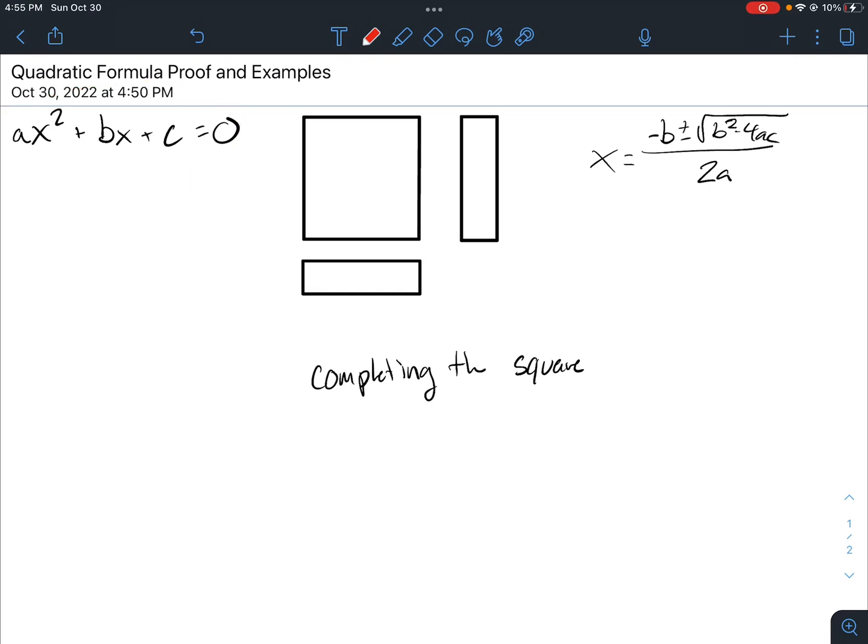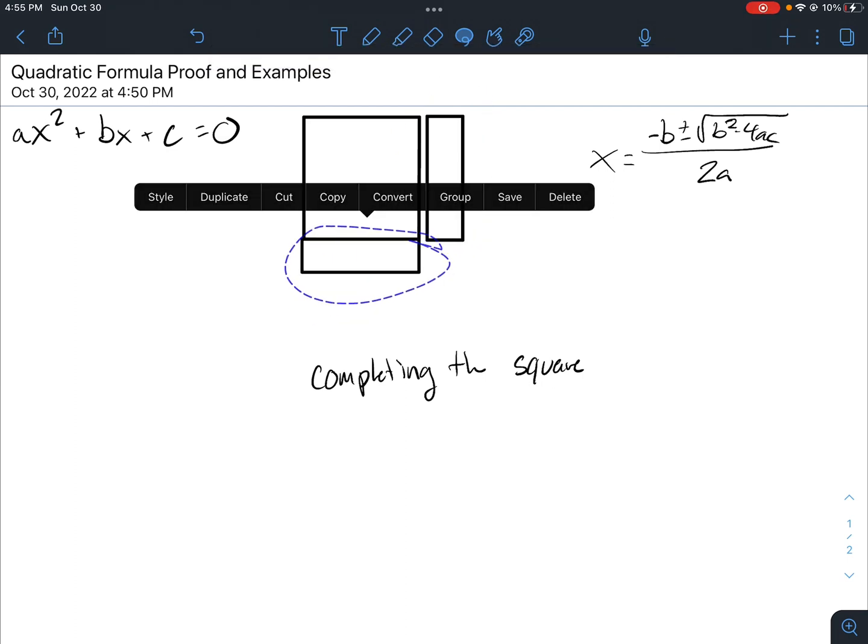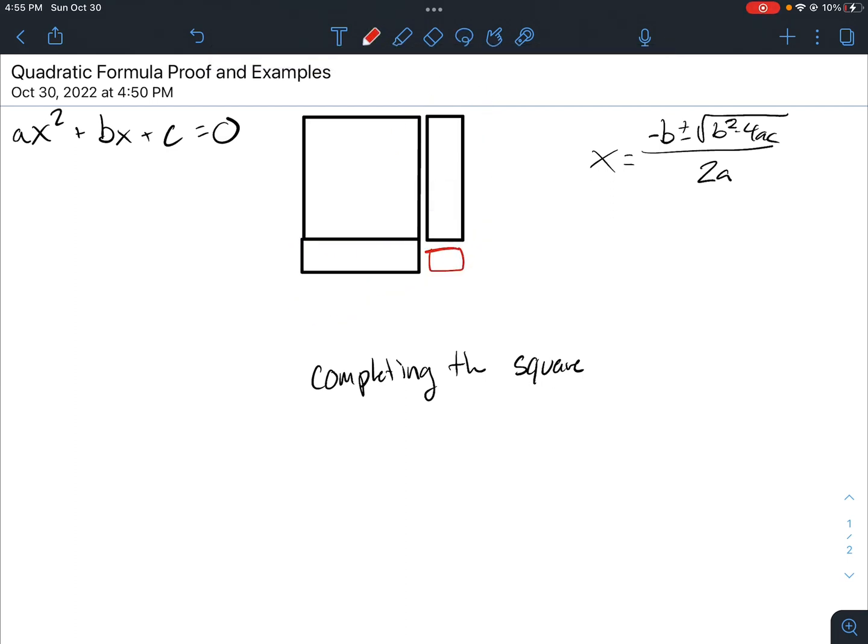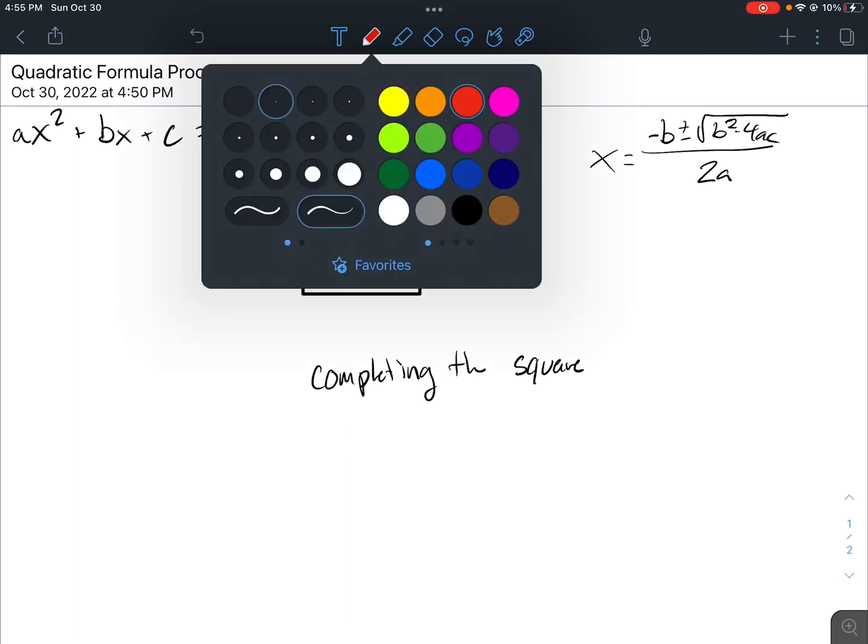We're going to have trouble taking a square root of something that doesn't make a square shape. So what we have to do is add a square here so that we then have a square so we can take a square root. It's going to make a little bit more sense in a second.